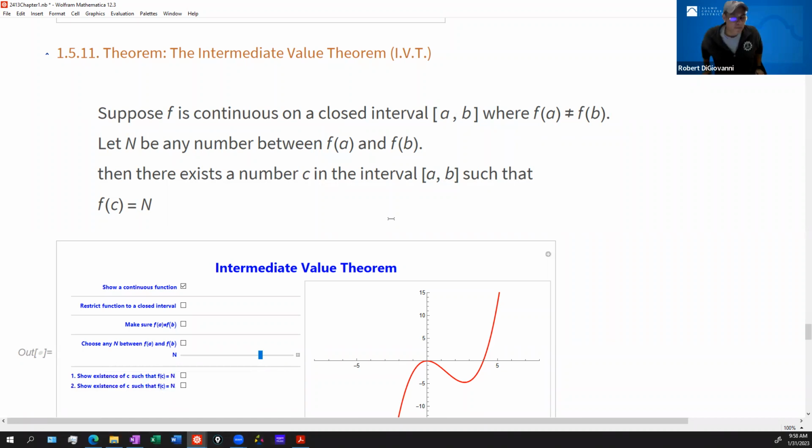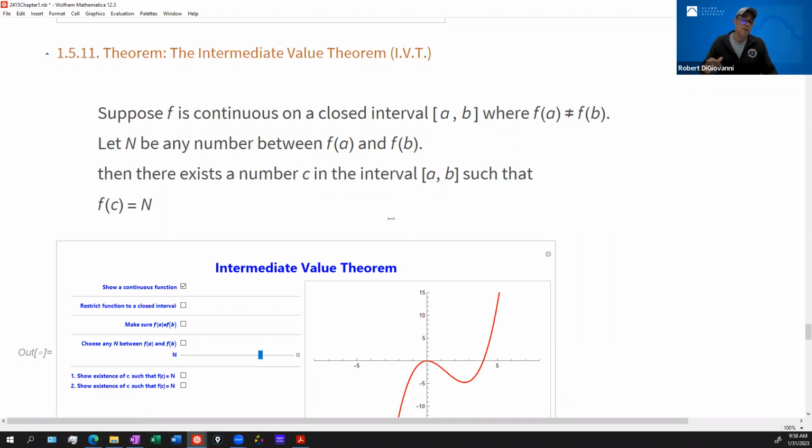All right, we've come to a very, very important theorem, not only in this class, but in mathematics, period. One of the most important theorems. It's a pretty straightforward idea. Most students have no problem understanding, like, yeah, that makes sense.